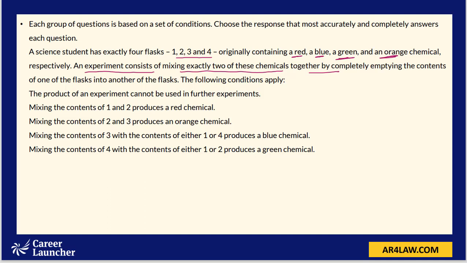Now the rules: rule 1 says mixing the content of 1 and 2 produces a red chemical. If 2 and 3 were mixed, we would get an orange chemical.